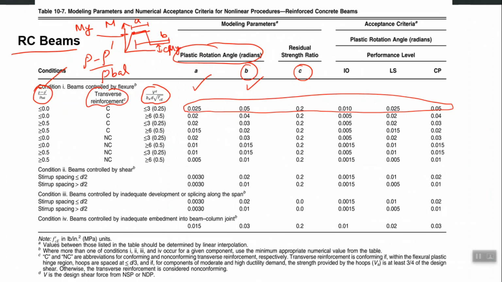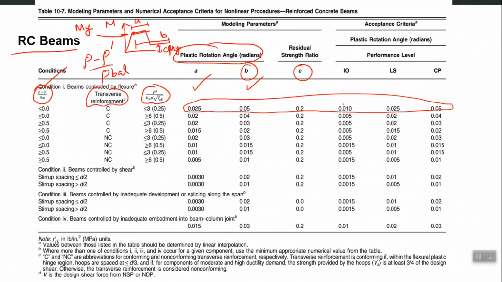So, if my is 100 and c is 0.2, this height will be 20. Using small a, small b, small c and my, you will be able to calculate this M-theta curve for your beam, and then that curve you can directly define in ETABS and define plastic hinge at the ends of your beam.